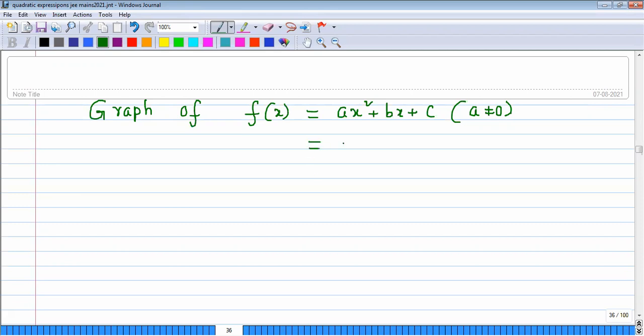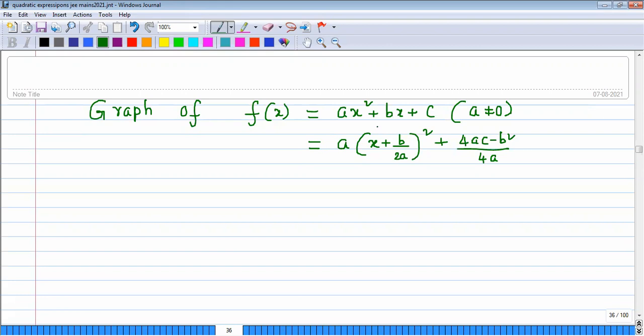This may also be written like this, in the theorem we have discussed in 1.5: a times x plus b by 2a whole square plus 4ac minus b square by 4a. If you simplify this one, you will get the same ax square plus bx plus c.